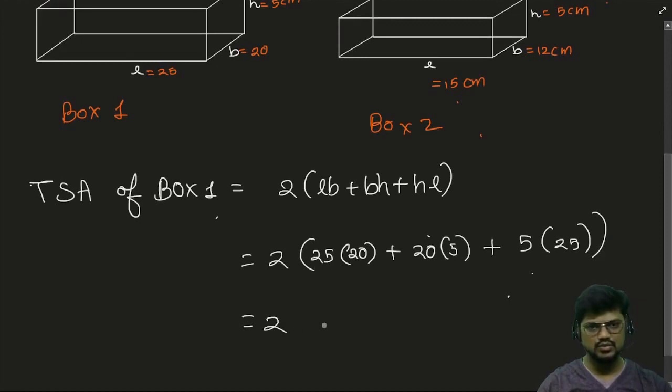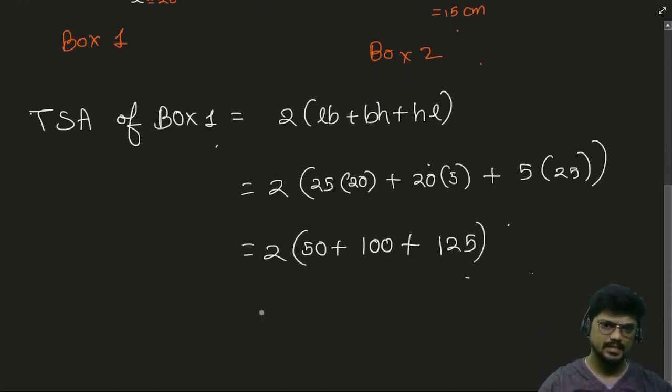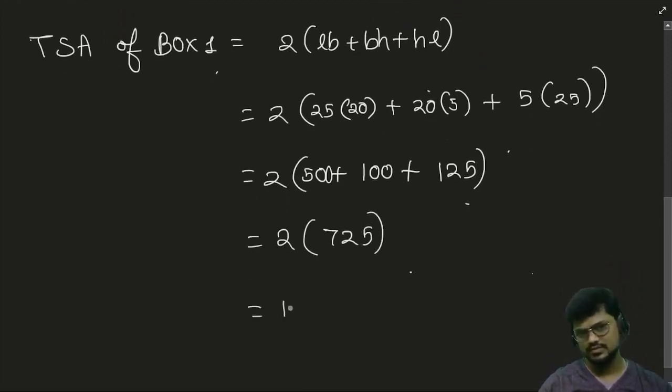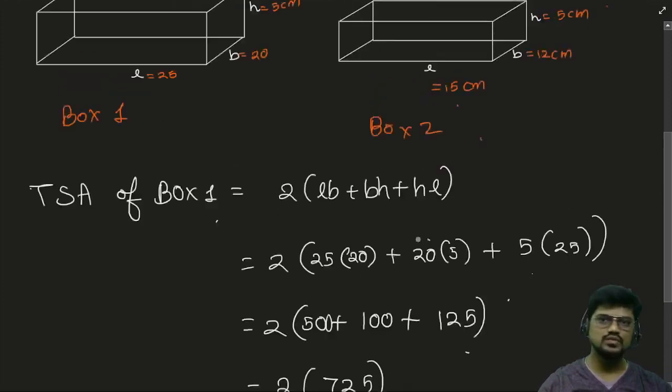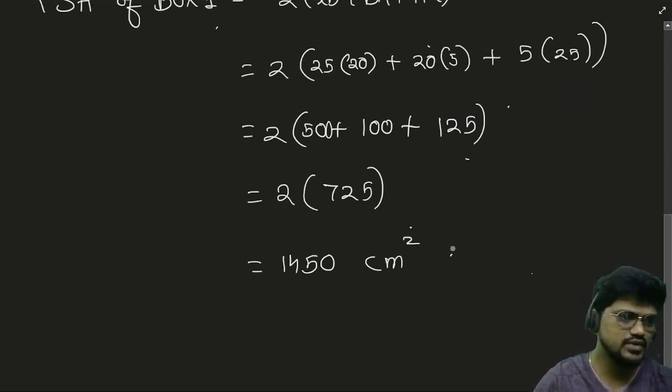So that is 2 into 500, plus 2 fives are 10, 100, plus 125. 500, 600, 700, 725. 1450 it will be. 1450 centimeter square. That is the area of the first cuboid.